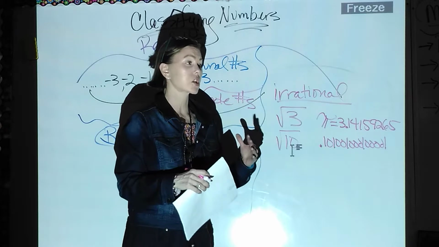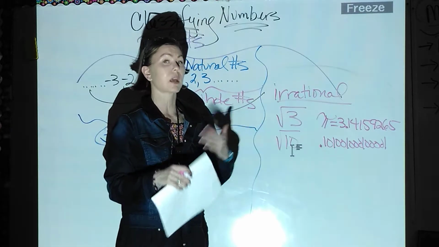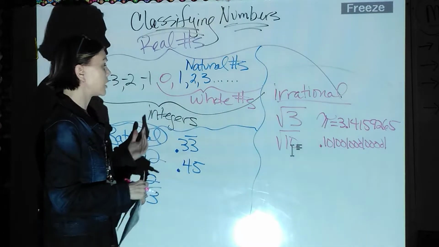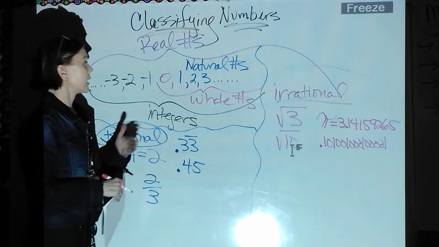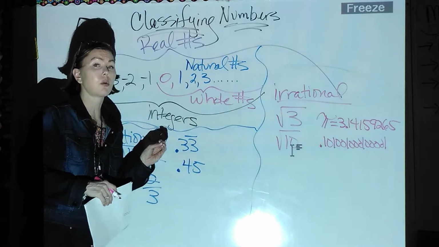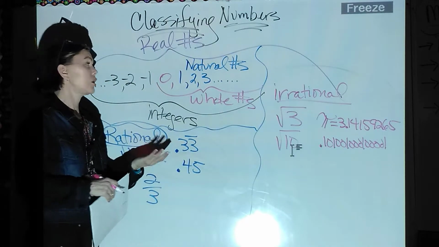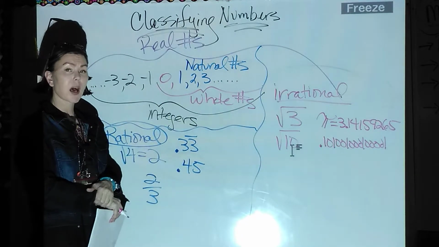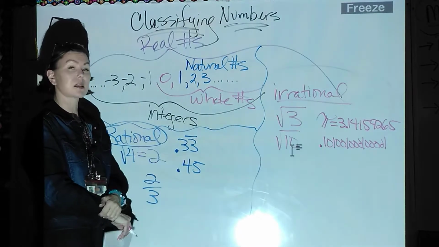So when you get a question on the Algebra EOC or on my unit exam, it's going to ask you questions like, is the number 0 a natural number? You would say no, because natural numbers start with a positive 1 and go into the positive direction.